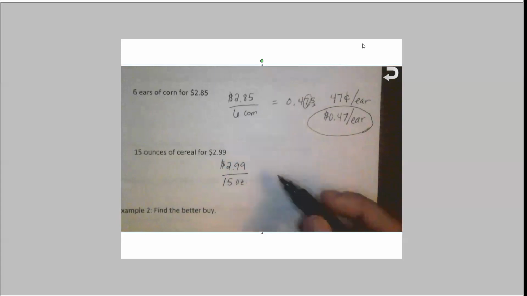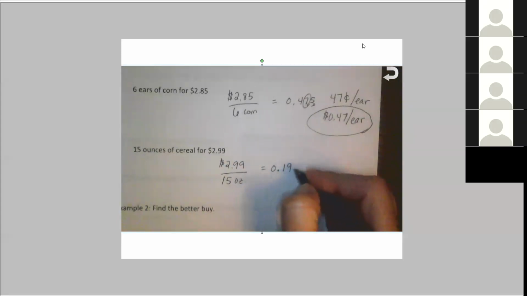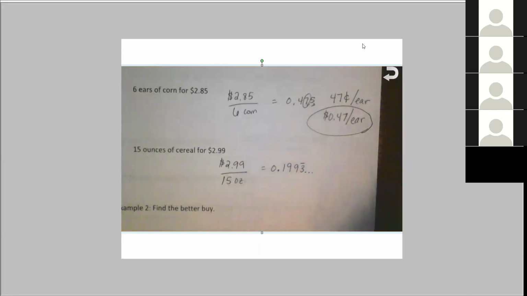So we've got the cost, $2.99 per item, 15 ounces. So when I divide 2.99 by 15, we're going to get a repeating decimal here. It's 0.1993, and that 3 actually just keeps going, a repeating decimal. But I don't give money in that way.